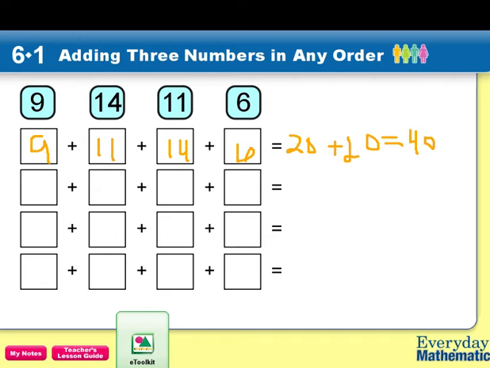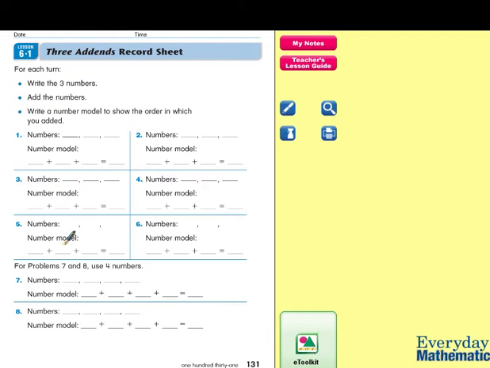Now, in your Shobi, under Independent Math, there's the 3 add-in record sheet. Now, this is going to be your record sheet. You get to come up with the numbers. So for number 1, you might say the numbers 5, 9, and 15.